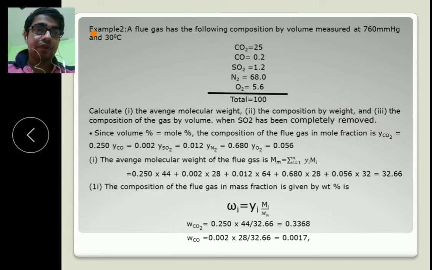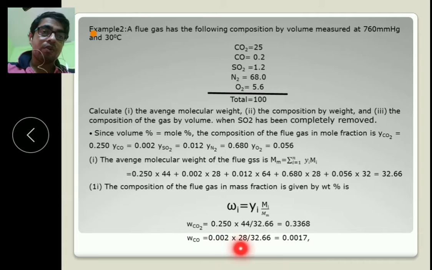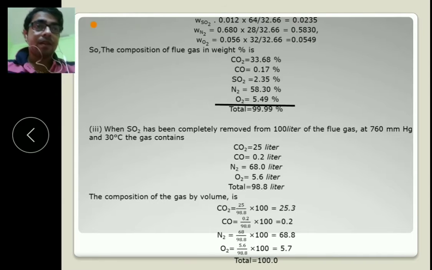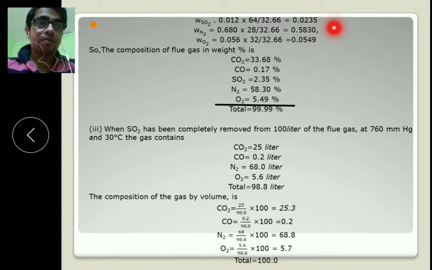Then the composition in weight percent. Weight fraction we know is yi mi divided by the average molecular weight. Here we put all the values. We find the weight fraction of carbon dioxide is 0.3368, carbon monoxide 0.0017, sulfur dioxide 0.0235, nitrogen 0.5830, oxygen 0.0549.